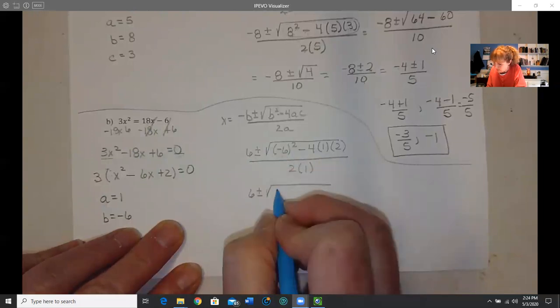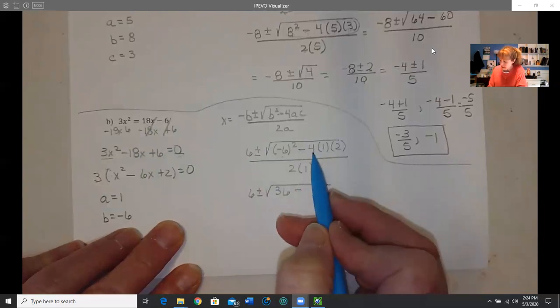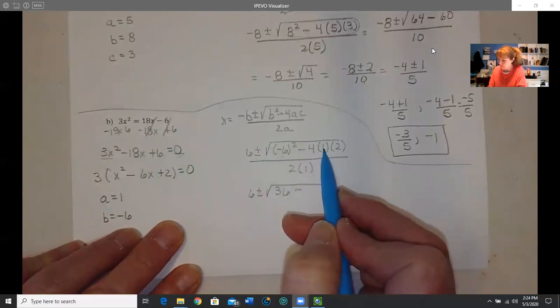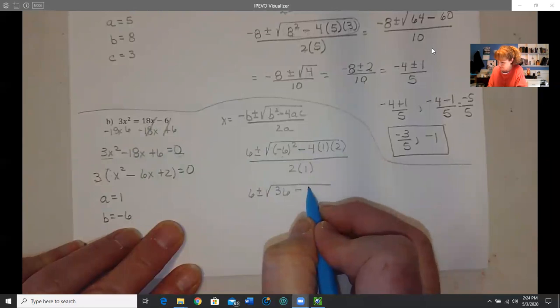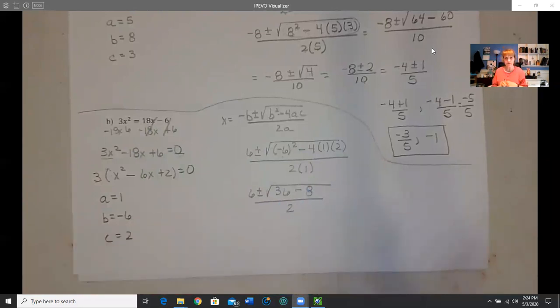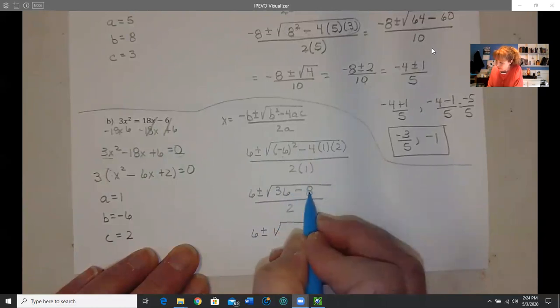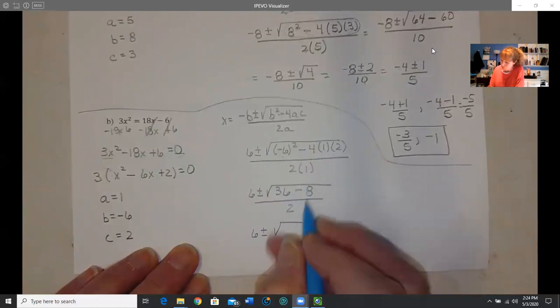I know this is positive 36. Negative 4 times 1 is 4 times 2 is 8. 2 times 1 is 2. So we end up with 6 plus or minus the square root of 36 minus 8, which gives us 28.